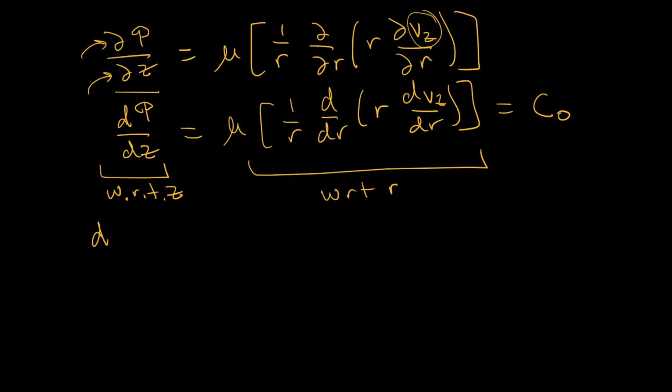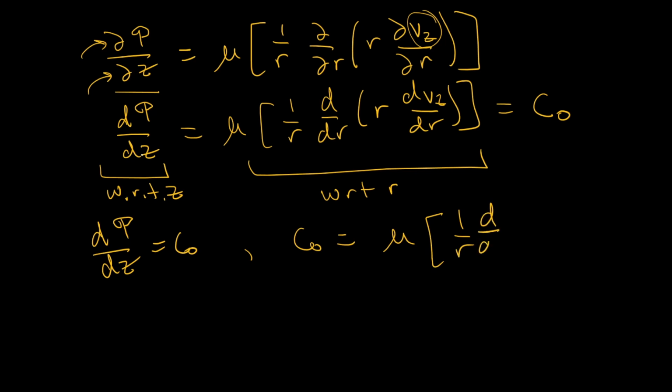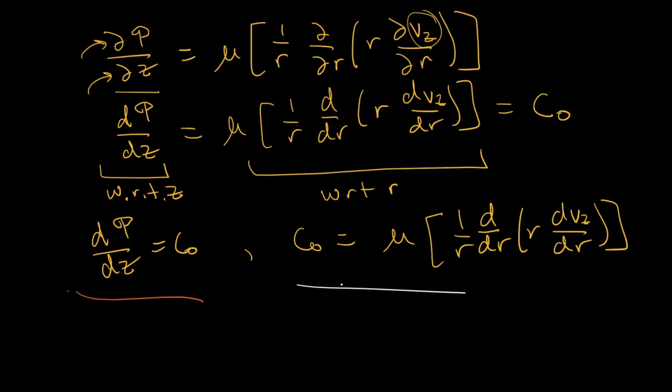We have one equation which is dp dz is equal to c0, and the second equation is this term on the right is equal to c0 as well. So we'll solve this in two steps. First, looking at this term here on the left, and second, looking at this term on the right.